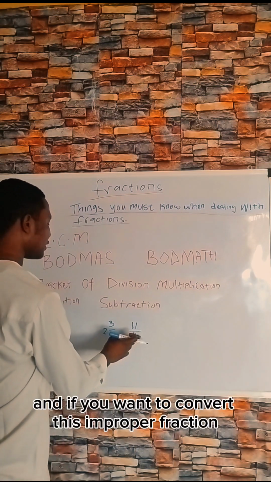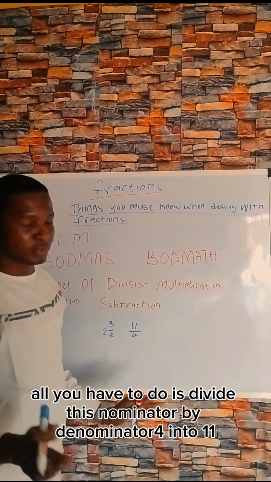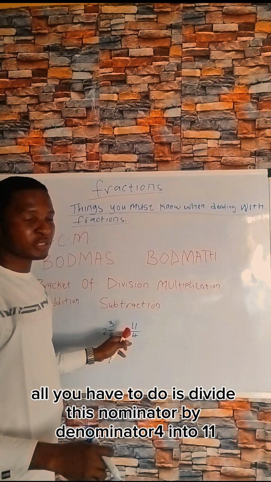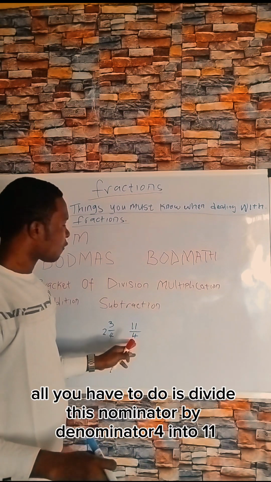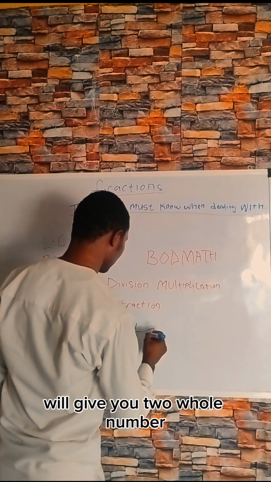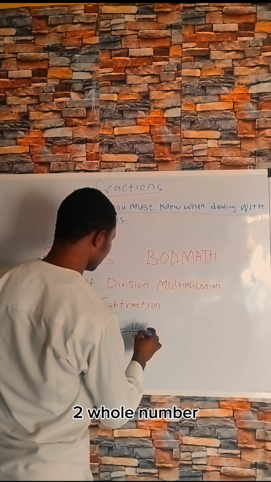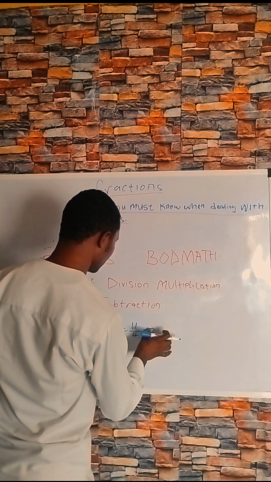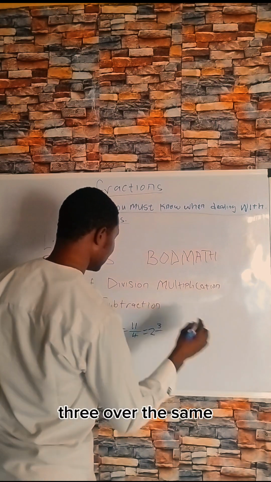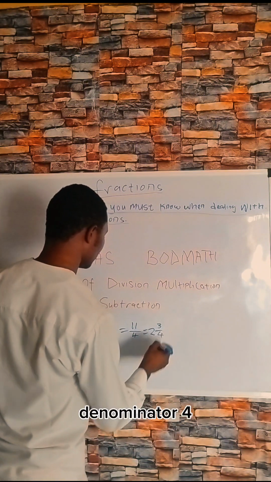And if you want to convert this improper fraction back to a mixed fraction, all you have to do is divide this numerator by the denominator. 4 into 11 will give you 2 whole number, remainder 3, over the same denominator, 4.